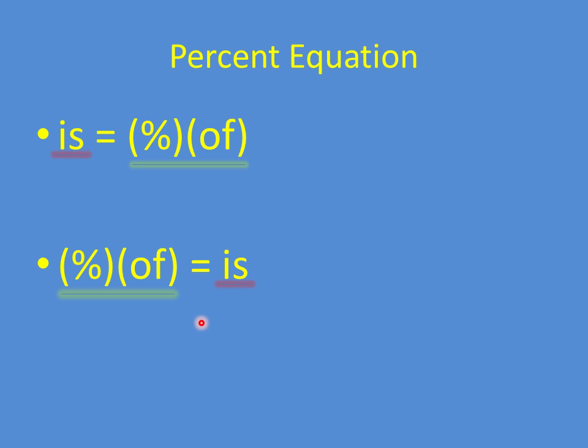The equal sign is still my divider between the two, and this is okay. You need to be able to adapt an equation to any situation. In the following problems, we could have the is on this side of the equal sign or on this side. Just remember that it's going to be that one number or one variable all by itself.